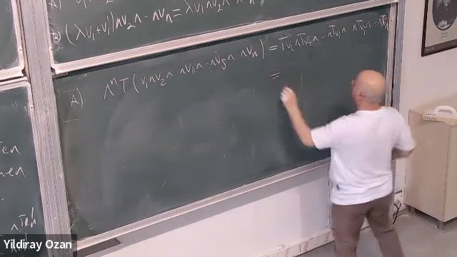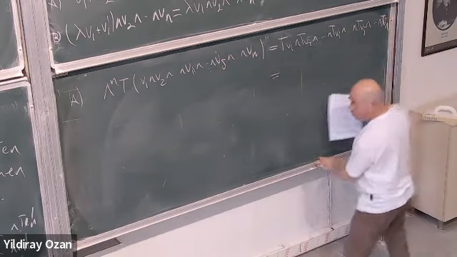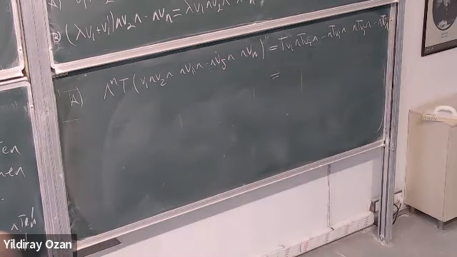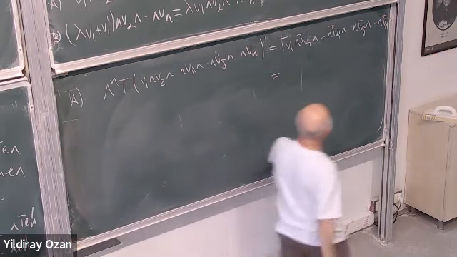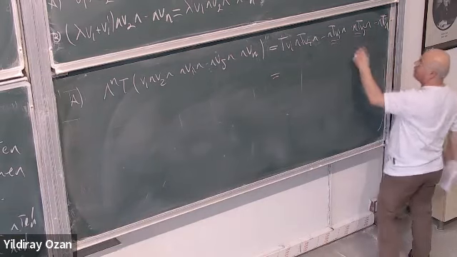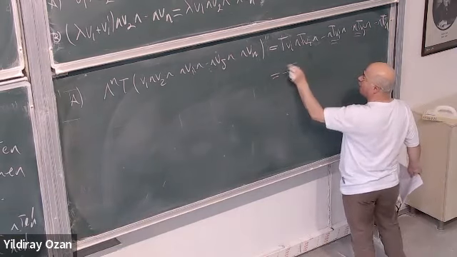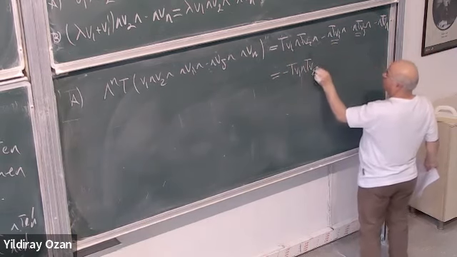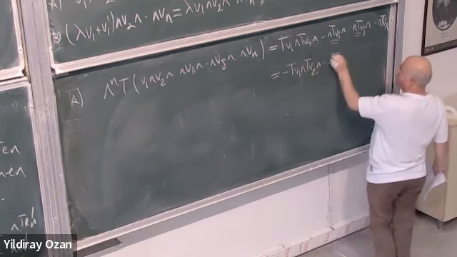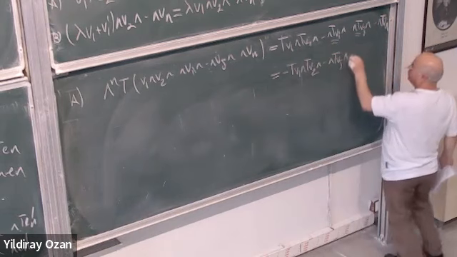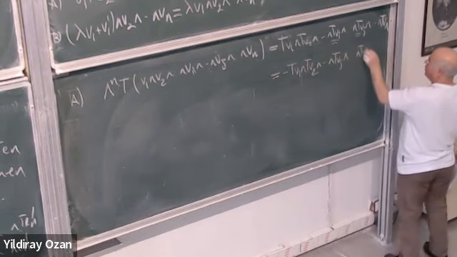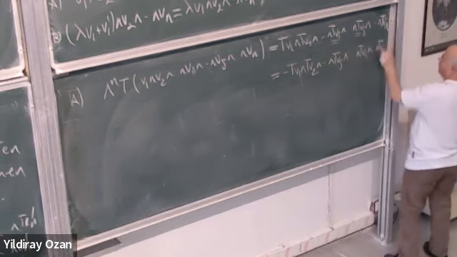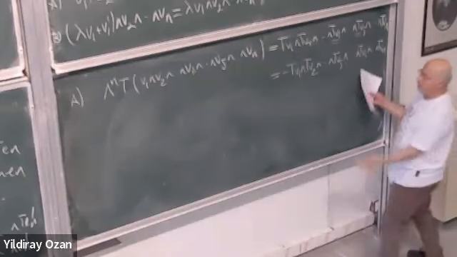But I know that since these are also wedge products of elements, if I interchange any two of them, I pick up a minus sign. So I have this TV1, TV2, wedge TVj, wedge TVi, wedge TVn. But then what is this?